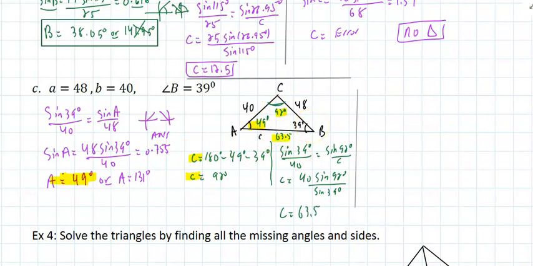Got it. But what if I decided to take the 131? I could redraw this triangle slightly differently. I could say, look, I might have drawn it wrong. If I make a 131 degrees, so if I redraw this, I say, look, let this be A, let this be B, let this be C. I know this is 40, that's given, and I know this is 48, that's given.